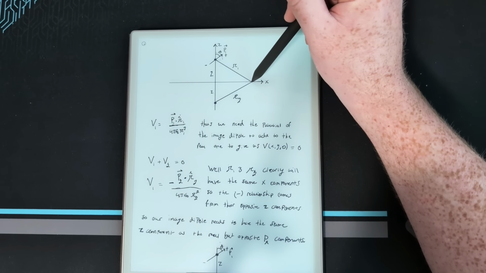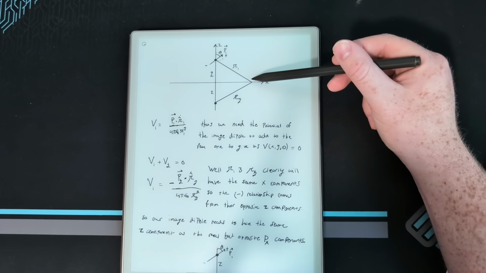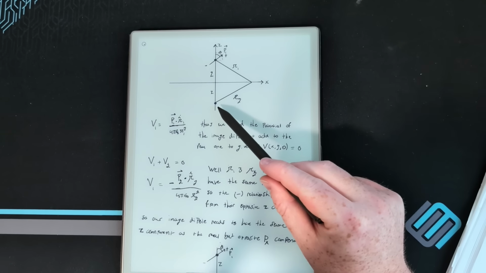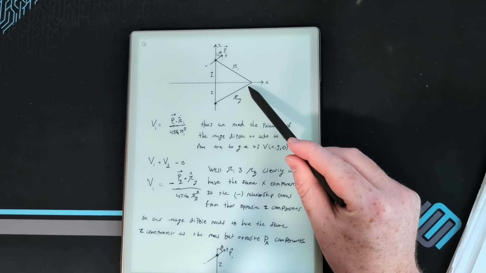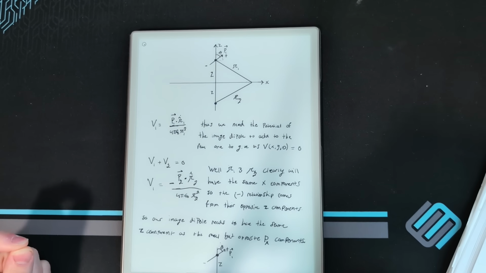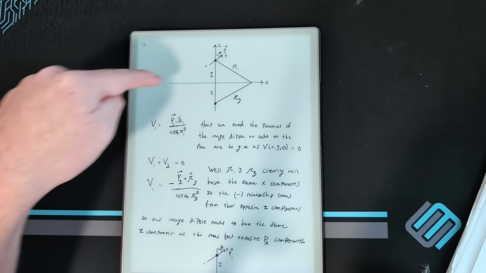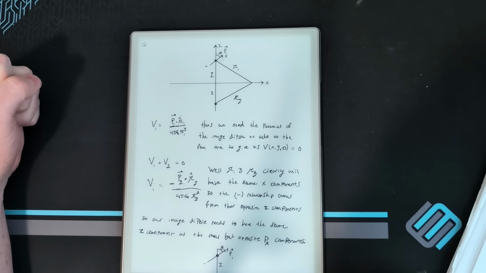Let's just say we're finding the potential at the conducting plane here. What we want then is another dipole down here that at that same point would add up and cancel out the potential of the real dipole to give 0 potential anywhere along this plane.